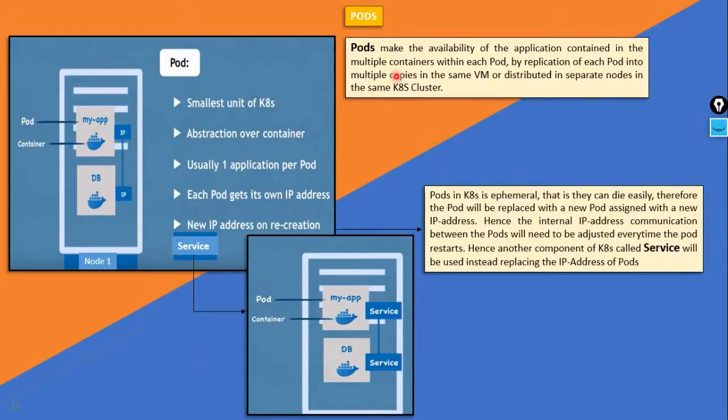Pods make the availability of the application contained in the multiple containers within each pod by replication of each pod into multiple copies in the same virtual machine or distributed in separate nodes in the same cluster. So in simple terms, it is like a container. A container is having an image.